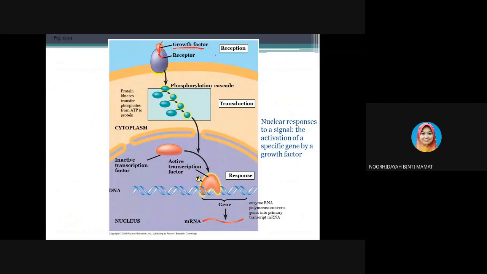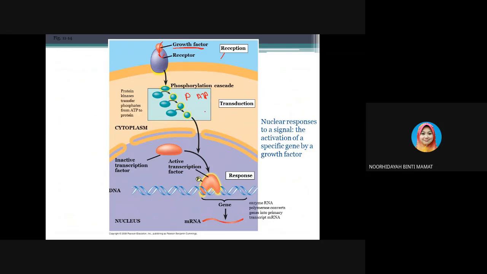So this is the reception process. Then it will relay the molecules. This is the phosphorylation cascade, a multiple-step pathway in transduction. The protein kinase will transfer the phosphate from ATP to the protein. So we call this the phosphorylation cascade.